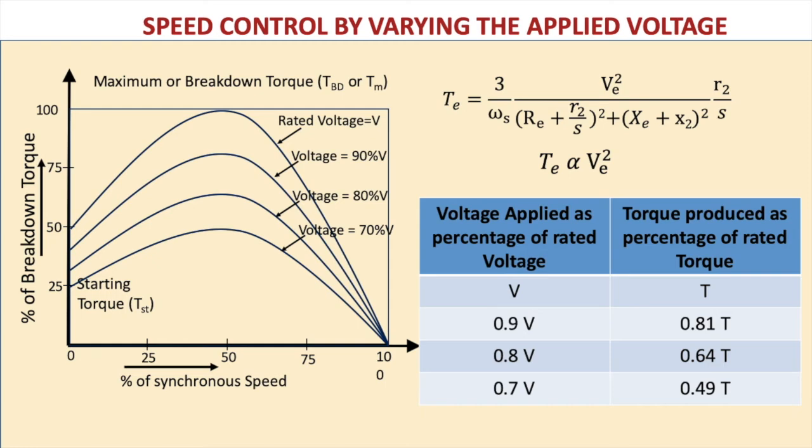Therefore, if the applied voltage is reduced by 10%, the torque reduces by 19%. If the voltage is reduced by 20%, the torque produced reduces by 36%.